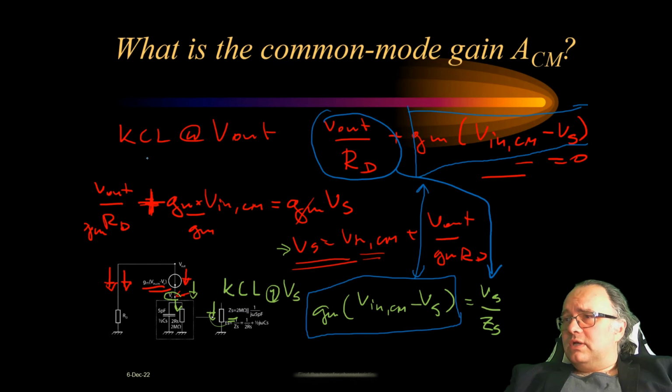So let me write it: V out divided by RD is equal to minus Vs over Zs.